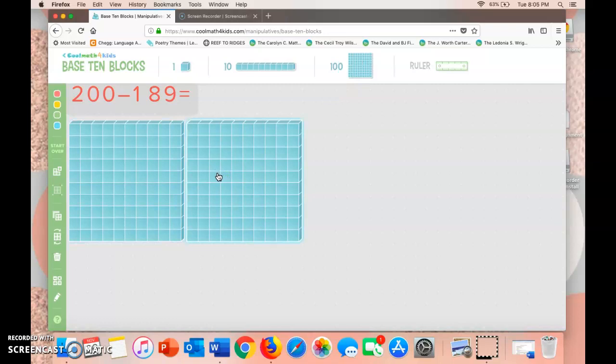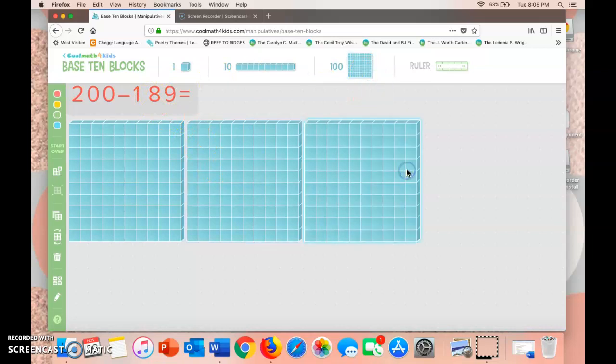Next, they would look at the following number, 189. They know that 100 can equal one 100 block, and 89 can be represented by 8 10 blocks and 9 1s cubes.